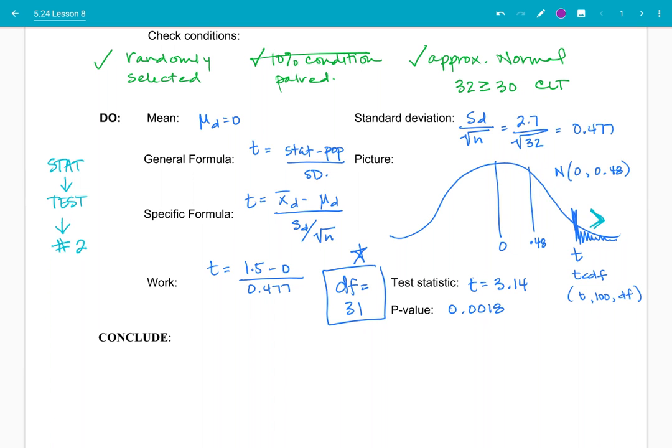Okay, so our conclusion is going to be that at the 5% significance level, we look at our p-value in comparison to our significance level. And it is, in fact, much smaller than our significance level. So that shows us that we have something that is statistically significant in the sample that we saw.